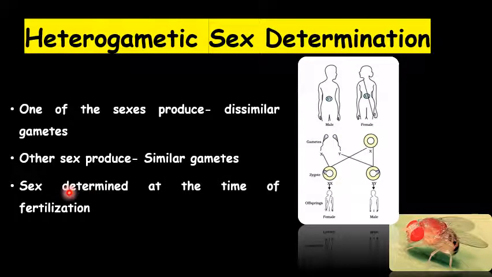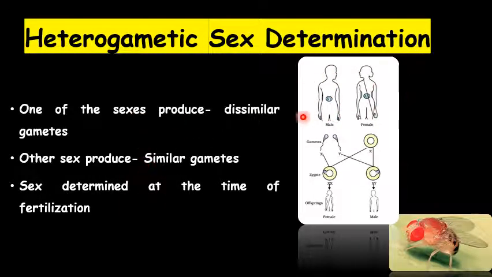The sex will be determined at the time of fertilization, after one cell from the mother and one cell from the father unite together. When they form the zygote, the sex of the animal will be determined based on the chromosome it inherits from the father as well as from the mother, right?